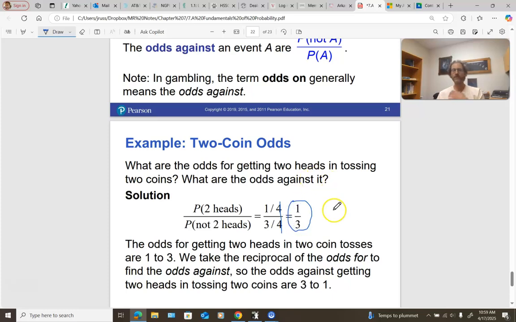So you say the odds for flipping 2 coins and getting 2 heads are 1 to 3. And what you'll notice is that if you add these two together, 1 plus 3 is 4. That'll give you the total number of outcomes. There are 4 outcomes. One outcome will give you the 2 heads, and the other 3 outcomes will give you anything but 2 heads.